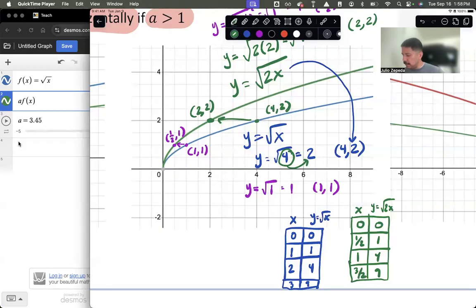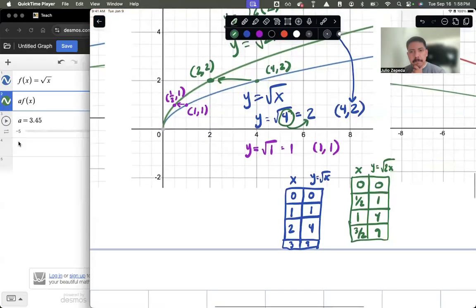Oops, what am I doing here? I have this kind of flipped. So let me go ahead and erase a couple of these values.